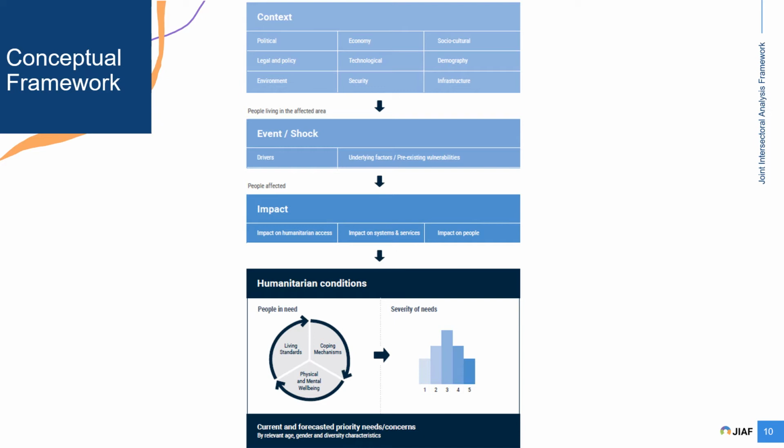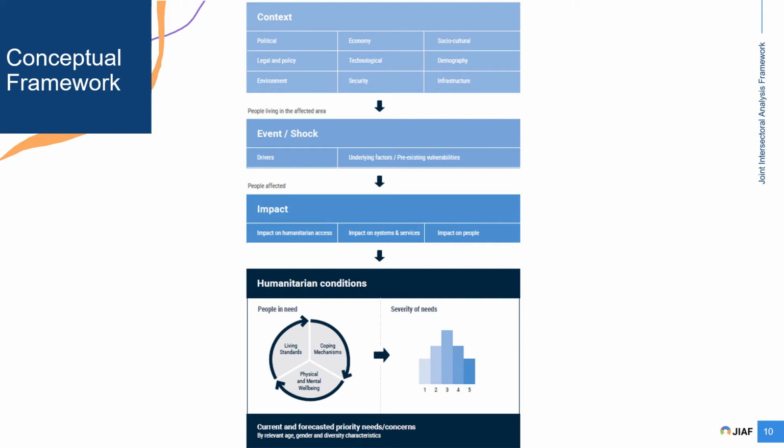This serves to organize information, visualize relationships, and bring a consistent structure to your analysis. The JIAF conceptual framework, in a way, or put simply, helps to frame the story of a population affected by a shock in a consistent and comprehensive manner.